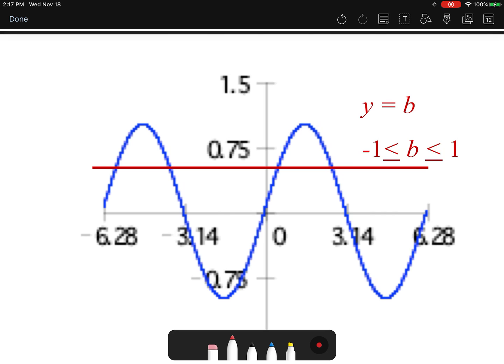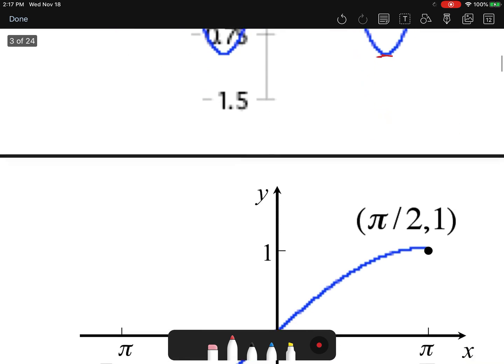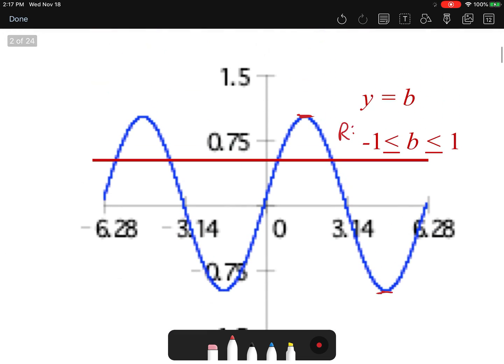So here is our sine curve, all right? Now, we know that our y goes from negative 1 to 1. That is our range, okay? Well, we cannot look at more than a certain part of the unit circle or of this graph, because you can see we have multiple places where our x's and y's are the same, and we can't do that.